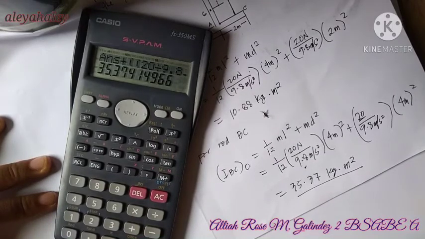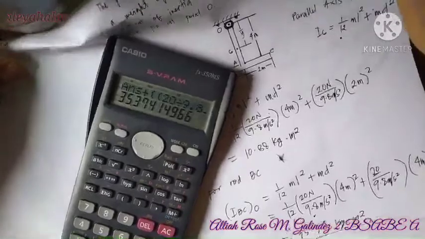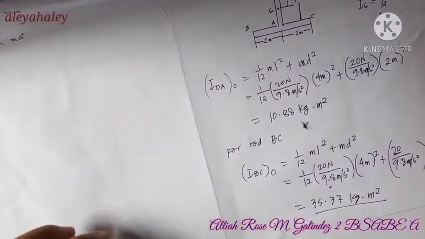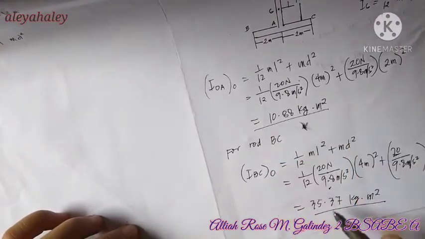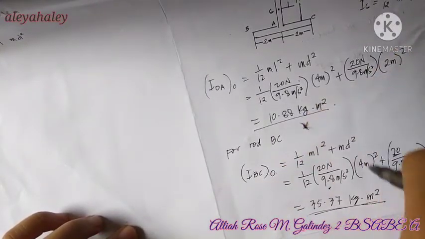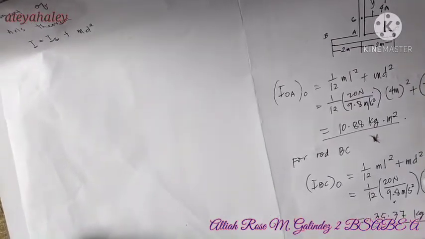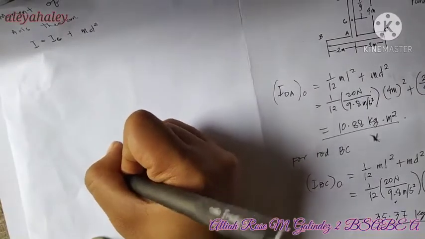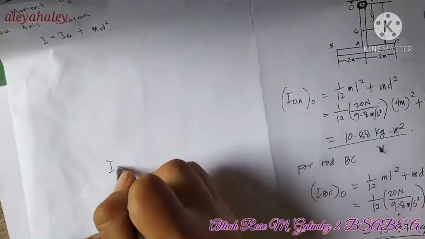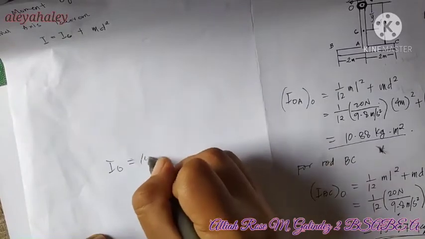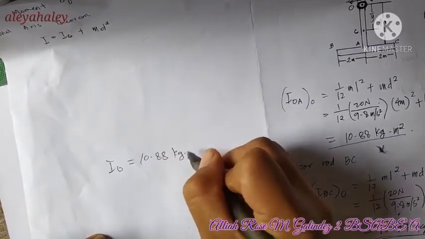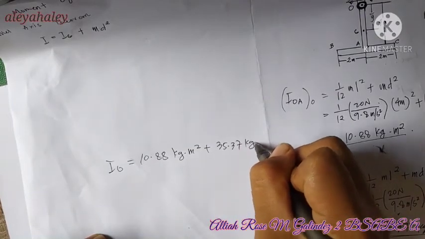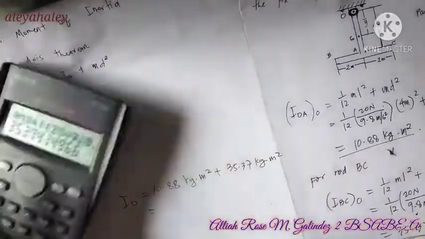So, since we have now these values, what we will do next is to add the two to get the mass moment of inertia. The mass moment of inertia at O is equals to 10.88 kilogram meter squared plus 35.37 kilogram meter squared.